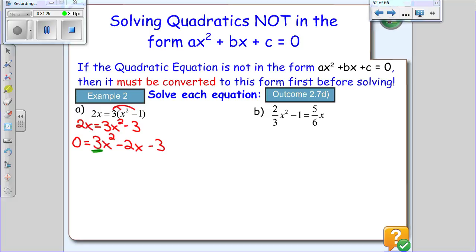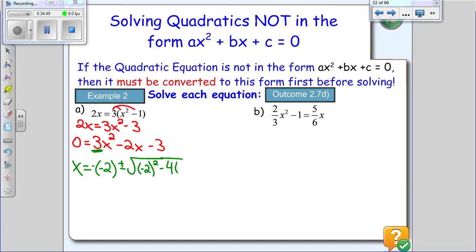When I put it all in, you guys have seen this before. I'm going to use brackets. Plus or minus the root of b squared minus 4ac, all divided by 2a. I'm going to do this kind of quick, so we're not going to write it out as much.